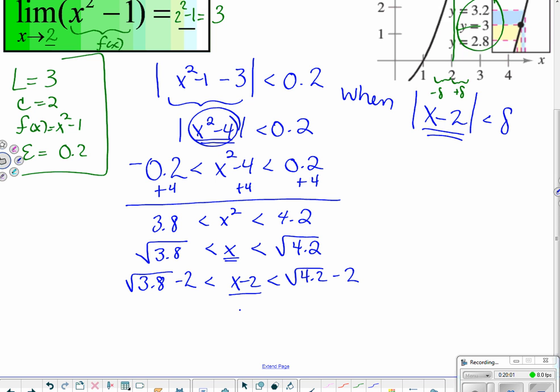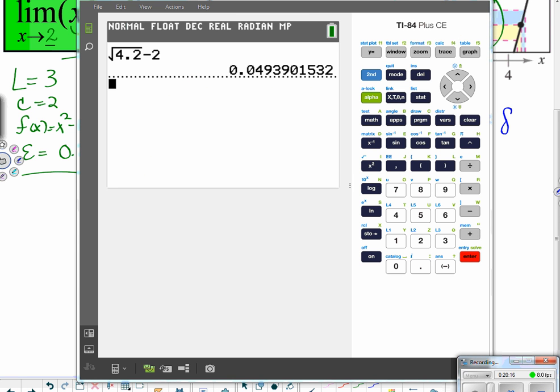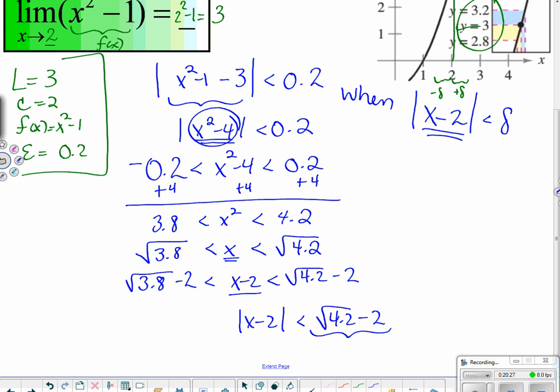Now this will look like, and we could get this as a decimal. And I just put it in the calculator. The square root of 4.2 minus 2 gives us a delta of 0.049. So my delta will be 0.049. Okay.